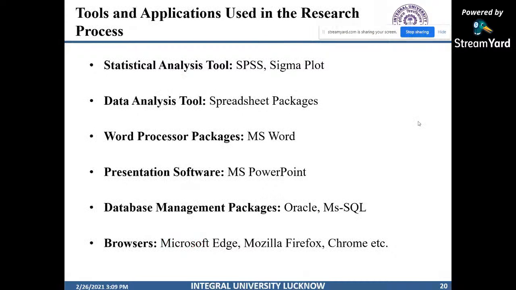Then, tools and applications used in the research process. The computer tools you can use for your research are statistical analysis tools like SPSS and SigmaPlot.